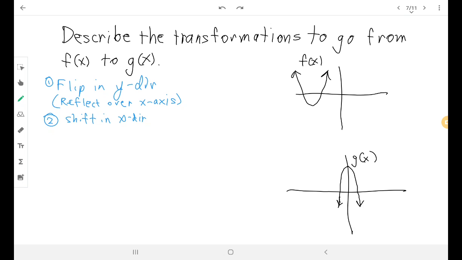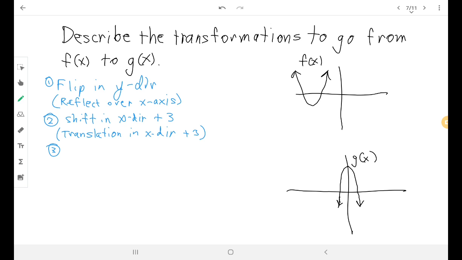So a shift in the x direction of +3, which the more proper way to say it would be a translation in the x direction of +3.